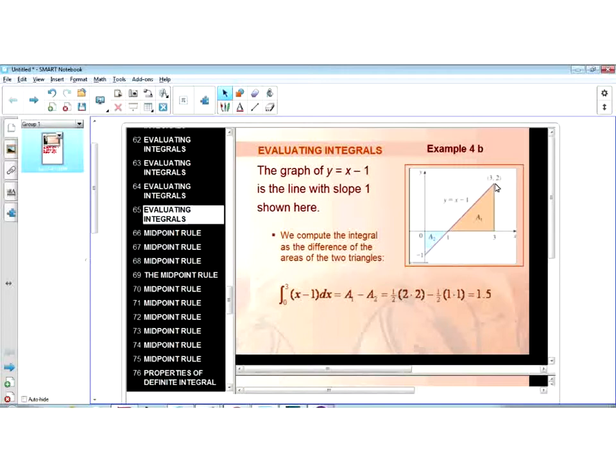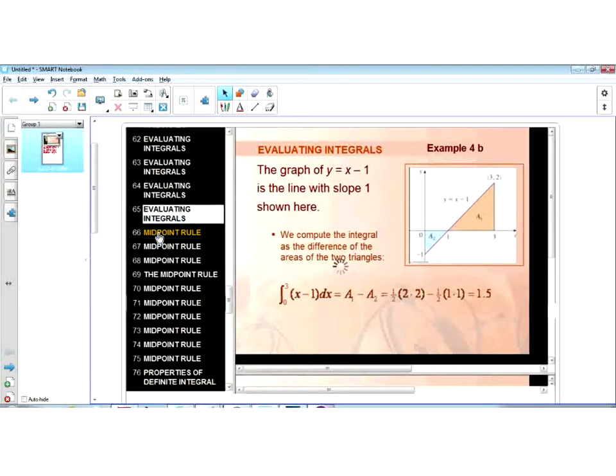Plug in 3, and you determine the coordinate of this point is (3, 2), so that would be the height of this right triangle. So 1/2 base times height, which is 2. And then you subtract off the area of the blue triangle: 1/2 base, which is 1, times height, which is 1, and so that would be 1/2. So 2 minus 1/2 is 1.5. That would be the evaluation of this integral.